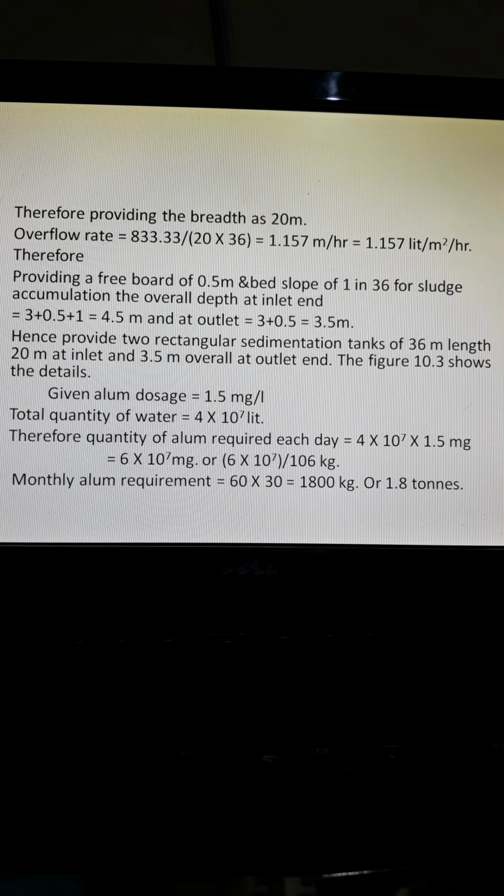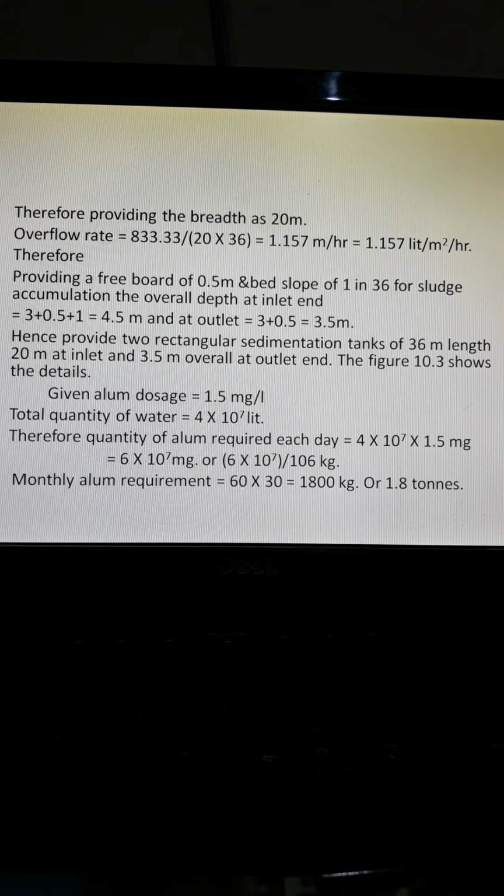Therefore, the quantity of the alum required each day will be 4 into 10 power 7 into 1.5 mg, or 4 into 1.5, it is going to be 6. Therefore, 6 into 10 power 7 milligrams, or 6 into 10 power 7 divided by 10 to the power of 6 in terms of kgs.